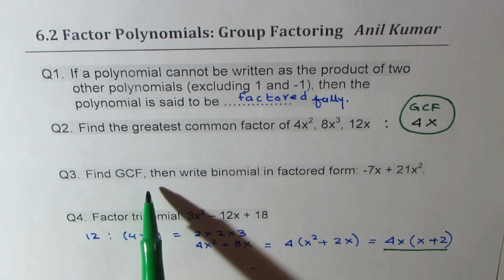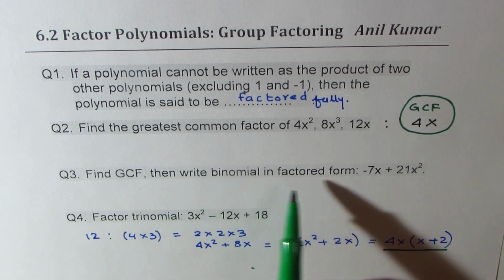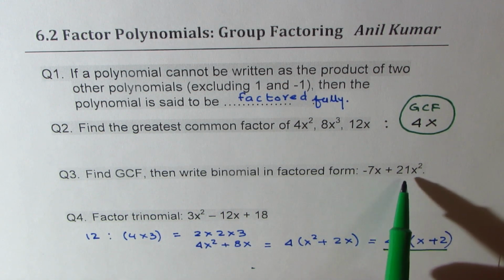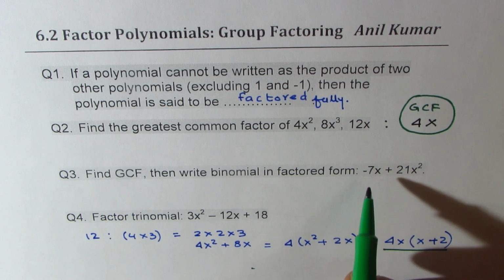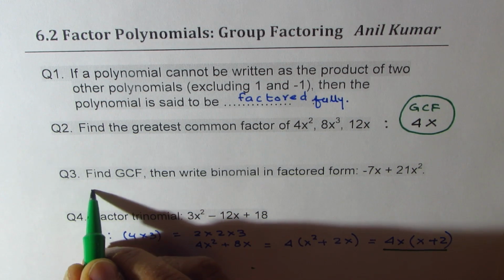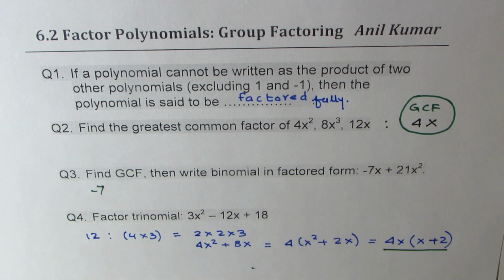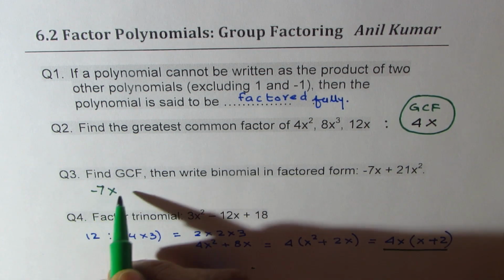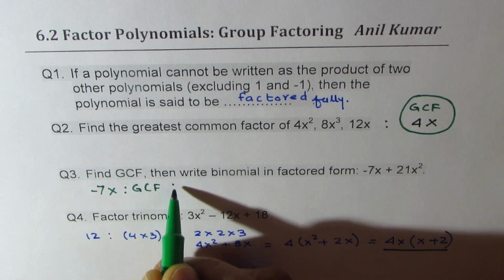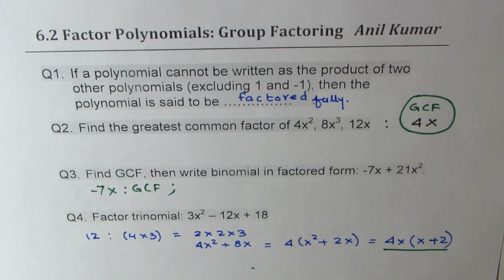Find greatest common factor, then write binomial in factored form. So here we have minus 7x plus 21x squared. As far as numbers are concerned, we'll take minus 7 as one of our factors, and as far as the variables are concerned, x is also a factor, and therefore minus 7x is the greatest common factor, correct? So we have done part 1.